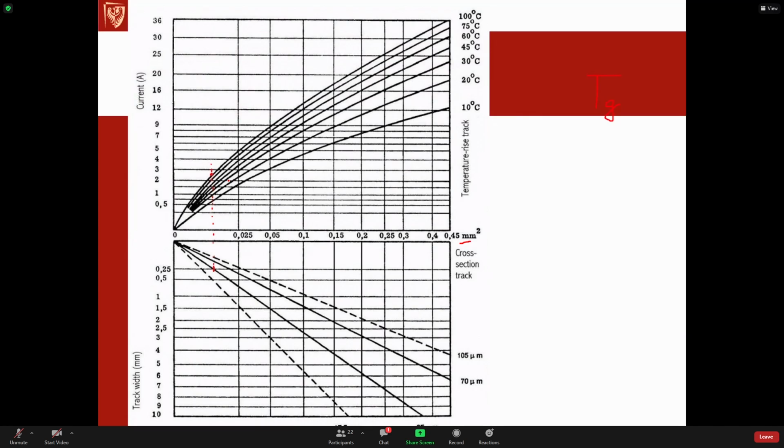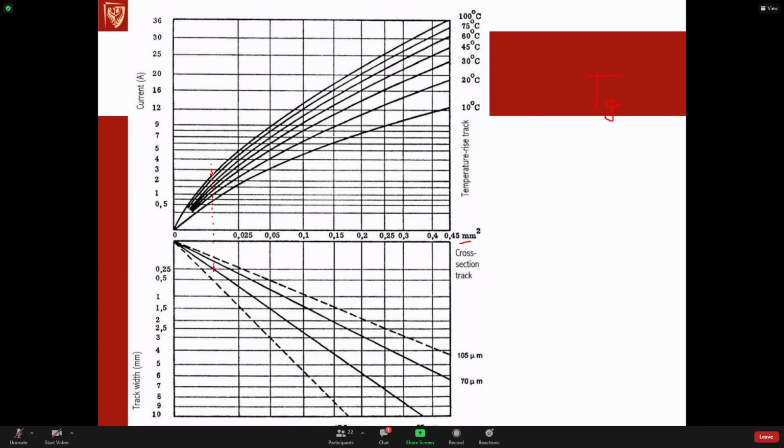If the track were 100 degrees hotter than the PCB, then the PCB would probably be hotter than 20 degrees as well, which is the very straight way to cross the TG point and to damage the PCB. The effect will be that the FR4 board will simply burn. So we'll start not with flames, of course, but it will turn black and start to smell. So the standard electronic smell of the burnt PCB will appear.